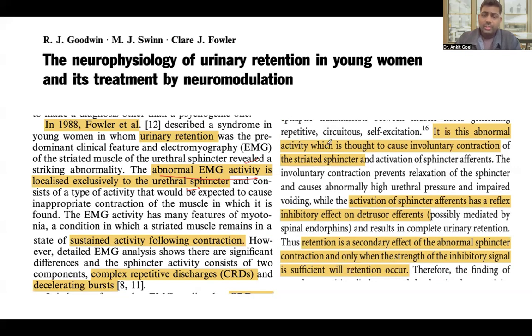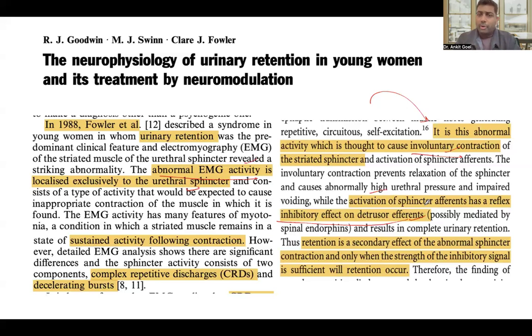So what does it say? If we go back to what Fowler actually wrote in his publication, then we will understand it very clearly. The first thing is it's abnormal electrical activity, and this abnormal electrical activity causes the involuntary contraction of the sphincter. The second thing, this activation of the sphincter has a reflex inhibitory effect on the detrusor contraction.